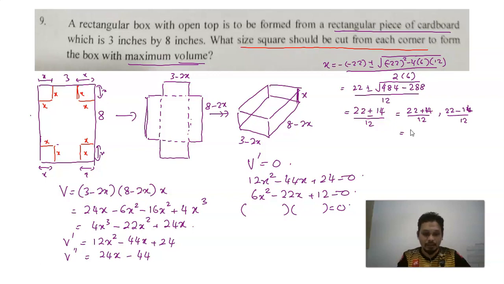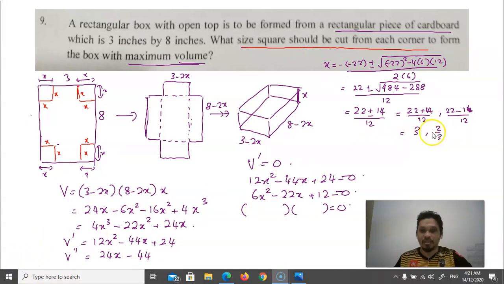Okay, so then 22 plus 14 divided by 12, 36 divided by 12, which is 3, and then 22 minus 14 equal to 8. 8 divided by 12, 2 over 3.